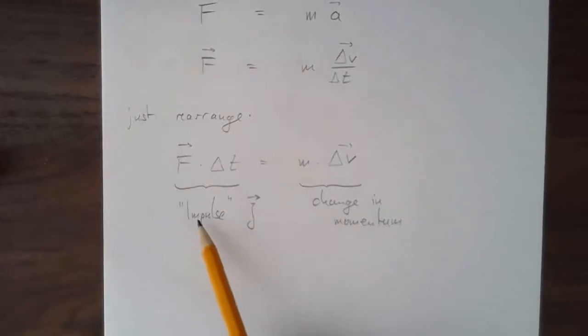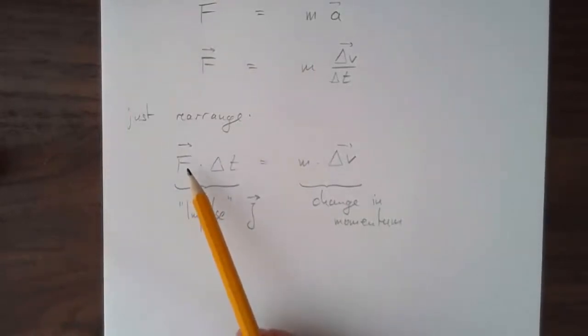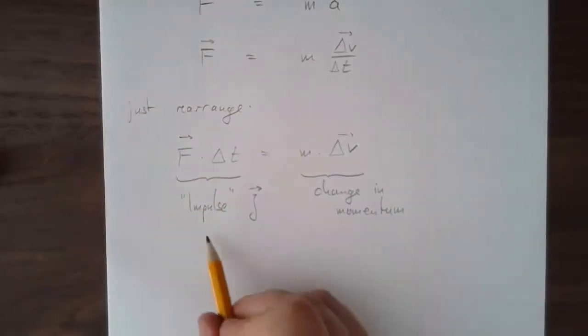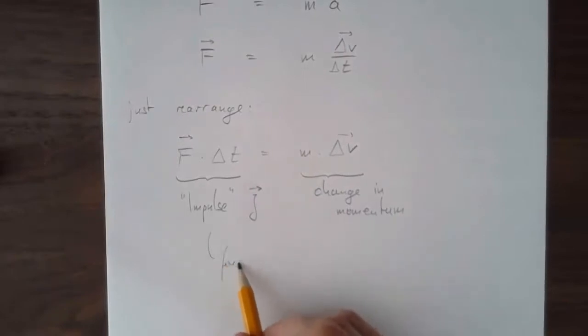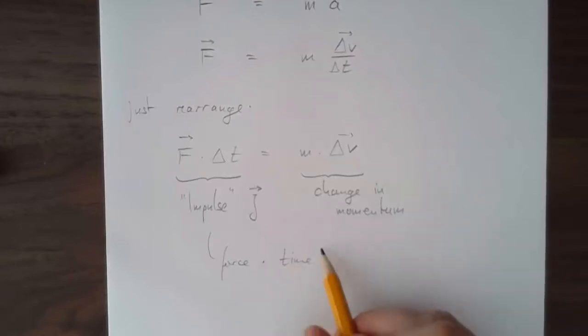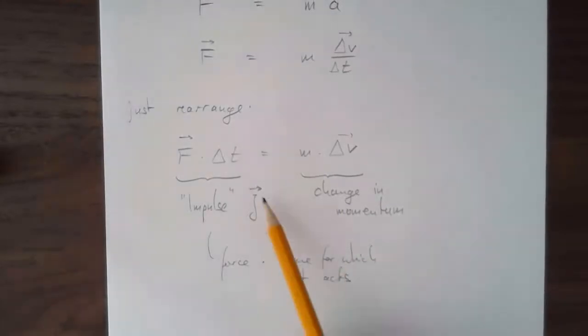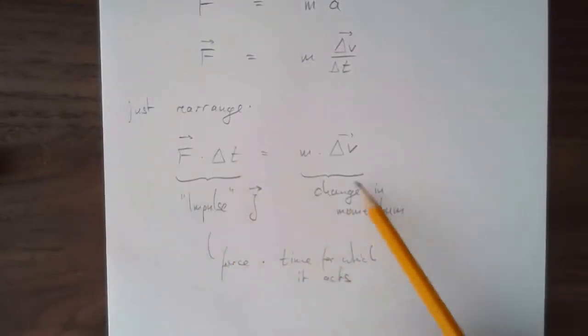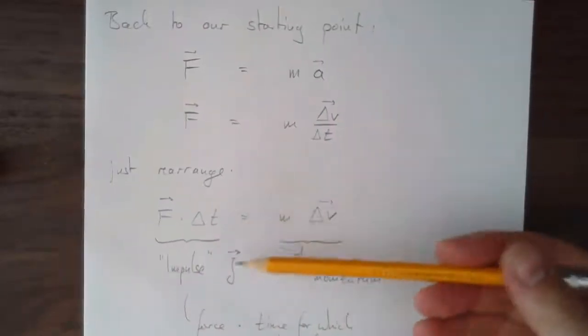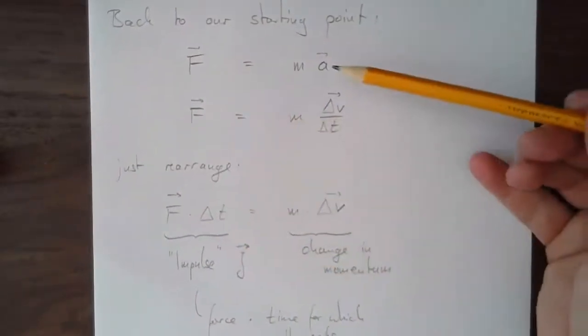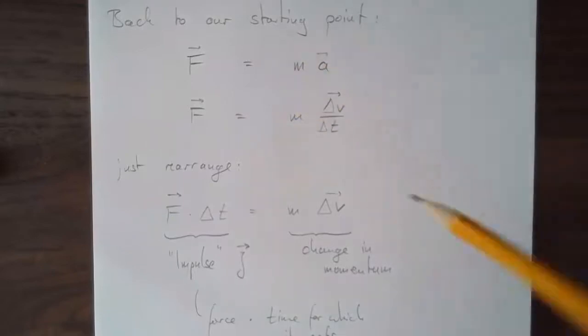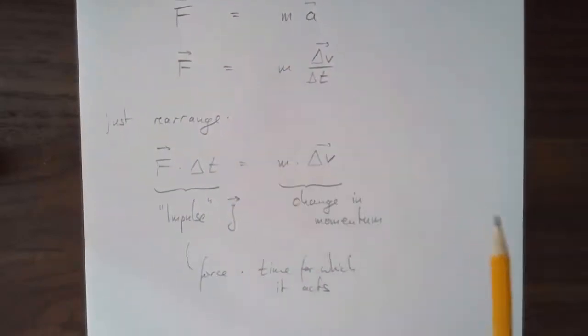So the impulse is the force times the time over which it acts. The statement is then that the impulse is equal to change in momentum, but again, this is not something obscure and strange. It's literally just a rearranging of Newton's second law. Like, there's nothing profound here.